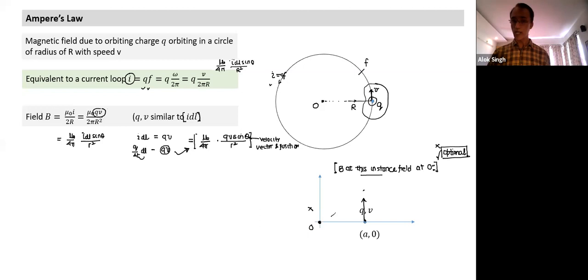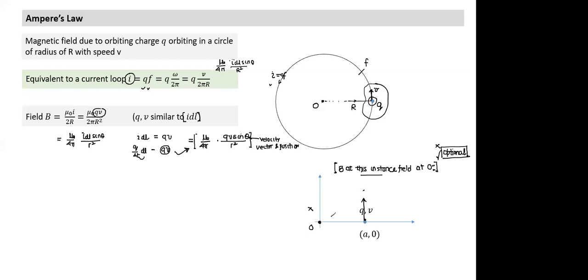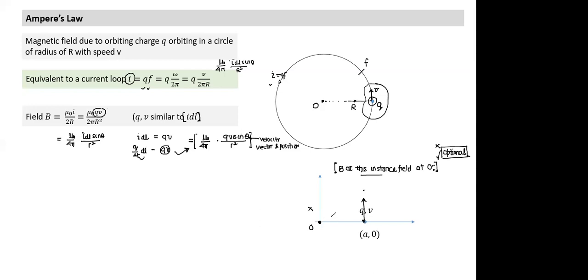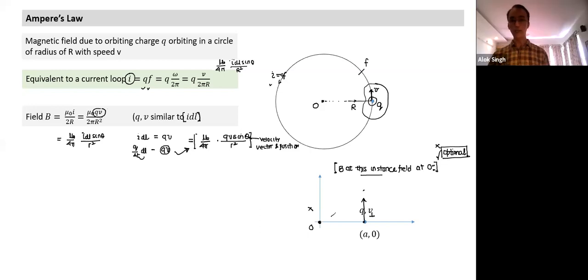But if the moving charge moves in this fashion, its position with respect to the center, the distance, keeps changing, and angles keep changing, so it will create an unsteady field. But when it is at this instance, it is like a circular motion. At this particular instance, I can take the perpendicular component of V. If the charge was moving like this, would it have created any field at the center?